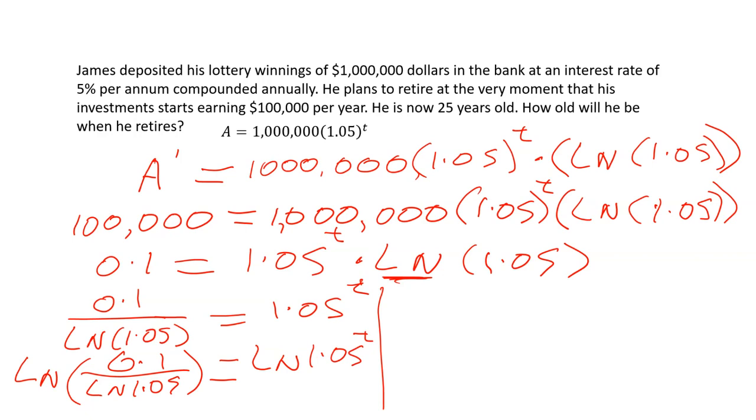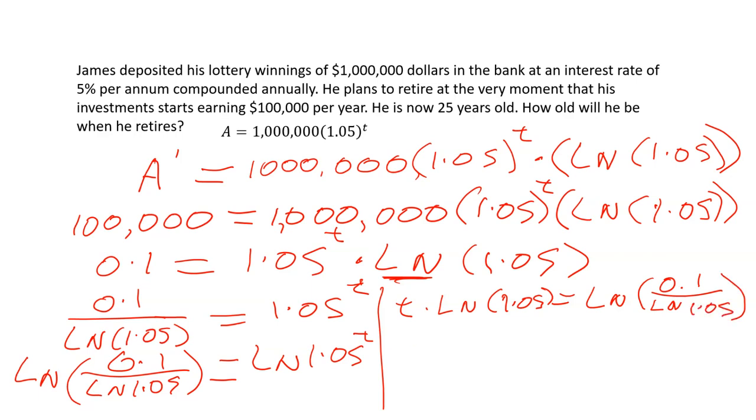And remember that we can put that t in the front, so it's t times the ln of 1.05 is equal to the ln of 0.1 over the ln of 1.05.